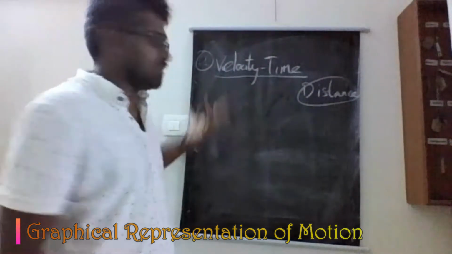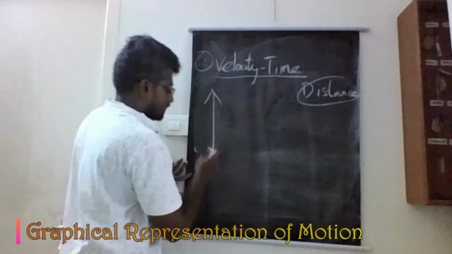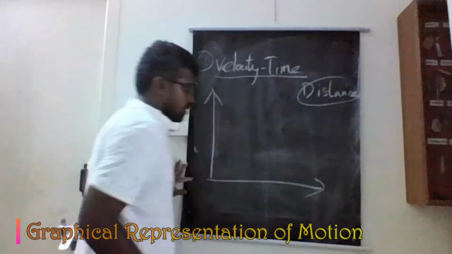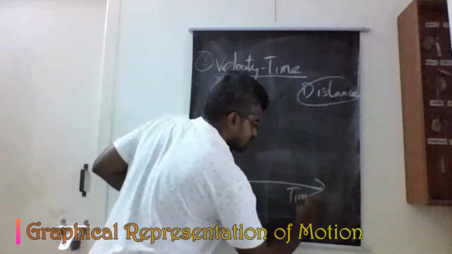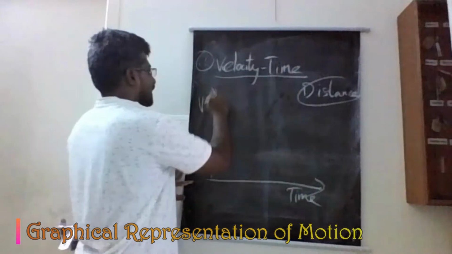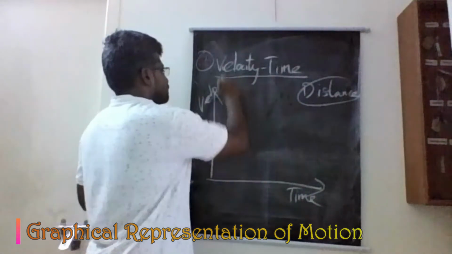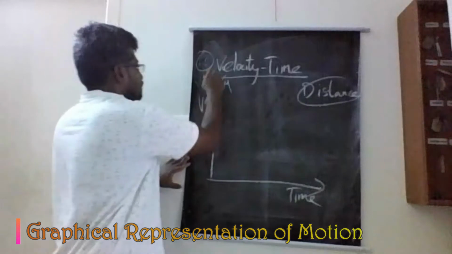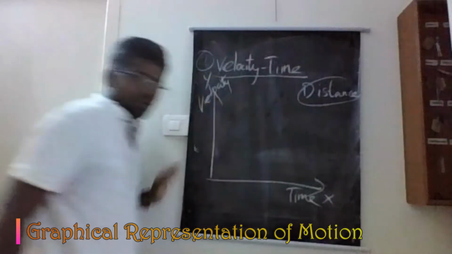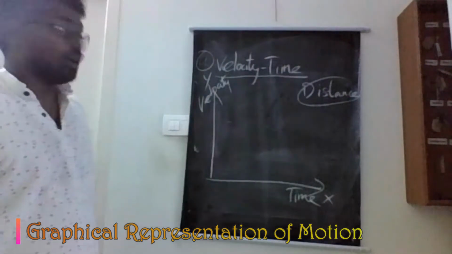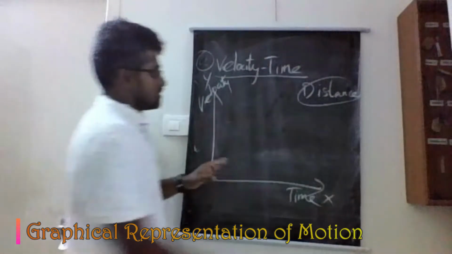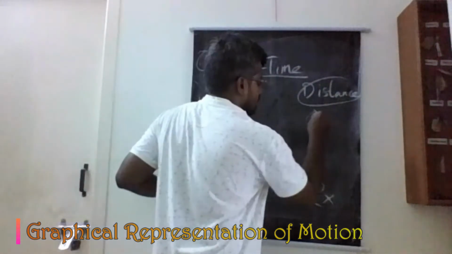So velocity on the y-axis, time on the x-axis. Okay, now what is the first condition? The first condition is constant velocity.